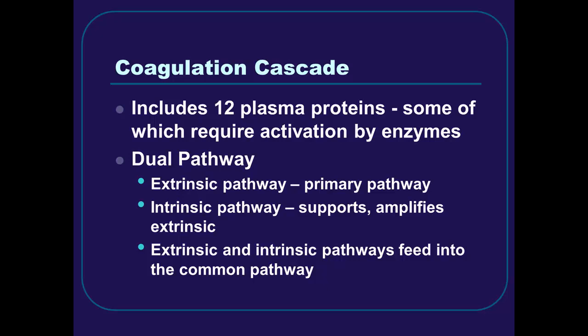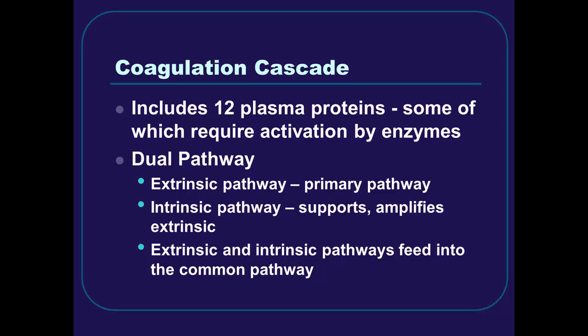The intrinsic pathway supports and amplifies the primary pathway, so it supports and amplifies the extrinsic pathway. In this, the blood is exposed, so we have damage to the vessel wall itself. You'll see multiple conversions in that intrinsic pathway from those inactive to the active forms, so 10 to 10A.